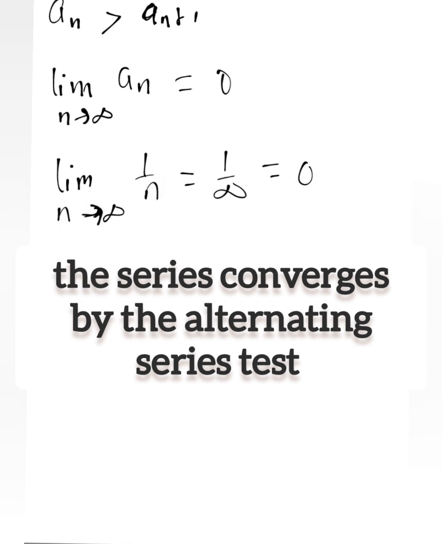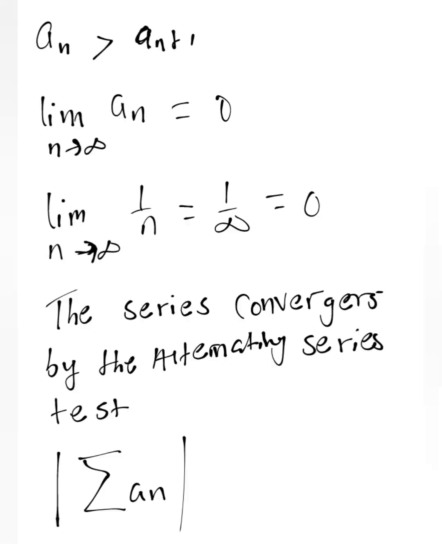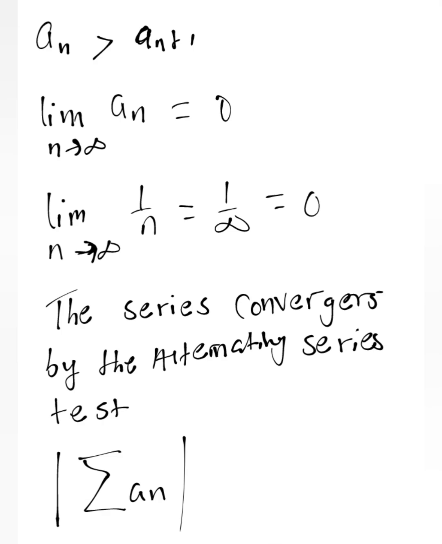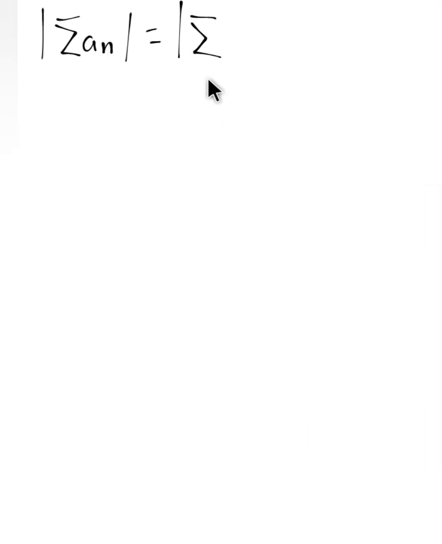Now, for this series to converge absolutely, the absolute value of the series must also converge. So we're going to calculate the absolute value of the given series. Now let's solve for it. The absolute value of the given series is equal to the absolute value of the expression given, which is the entire of this expression here. The summation from n equals 1 to infinity of minus 1 raised to the power n plus 1 all over n.